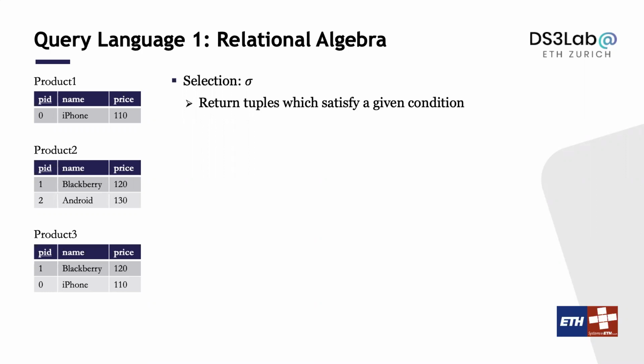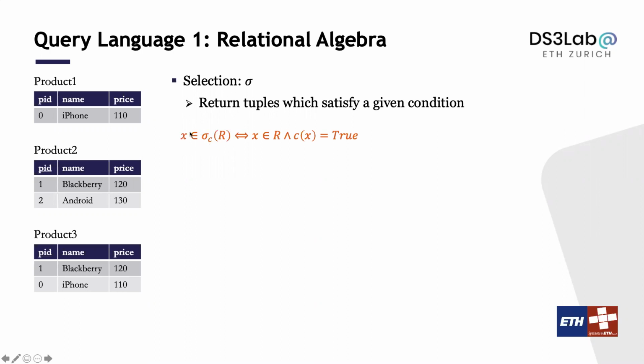The semantic of this operator is that you return tuples which satisfy a given condition. So what do I mean by that? To specify a selection operation, I need to have one condition called C. And this is actually another relation.